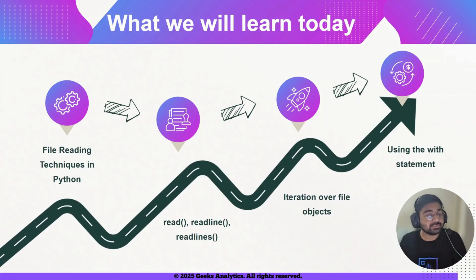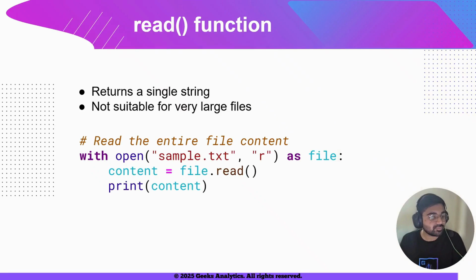In this session, we'll explore more of the reading part only, and we will see the best practices using different reading functions available to us. First of all, starting with the read function. The read function reads the whole file into memory and returns the output as a single string.